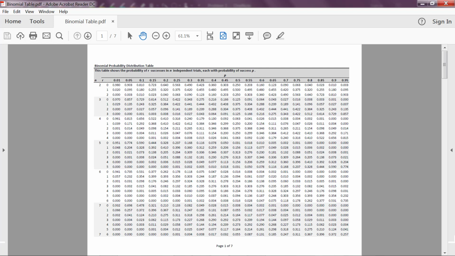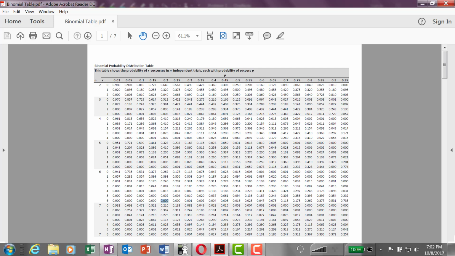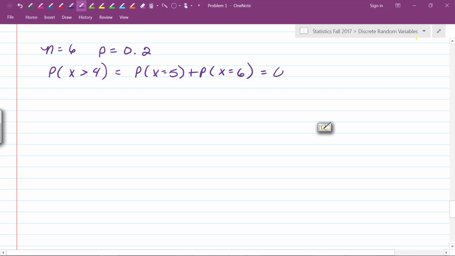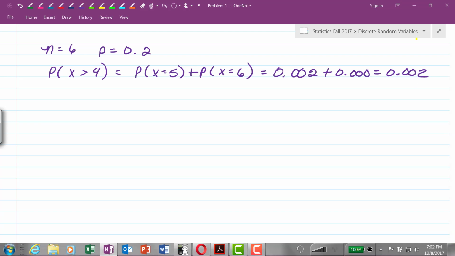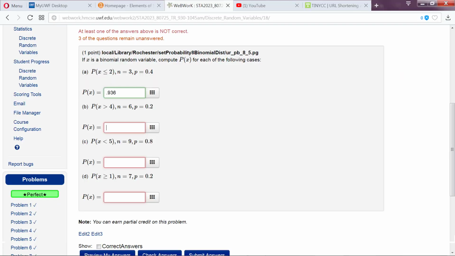So 0.002 plus 0.000, so that is 0.002. So what's the probability that x is greater than 4? 0.002. So we'll check that one real quick. We're going to check our answers. And we got that one right.